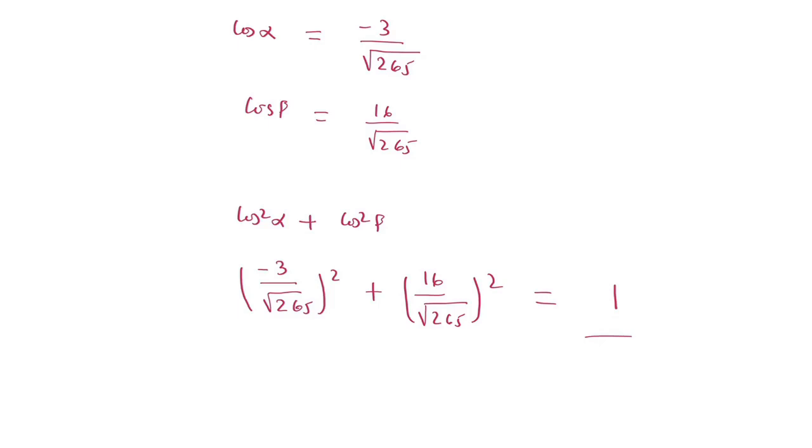Therefore, this shows that the sum of the squares of the directional cosines is 1.